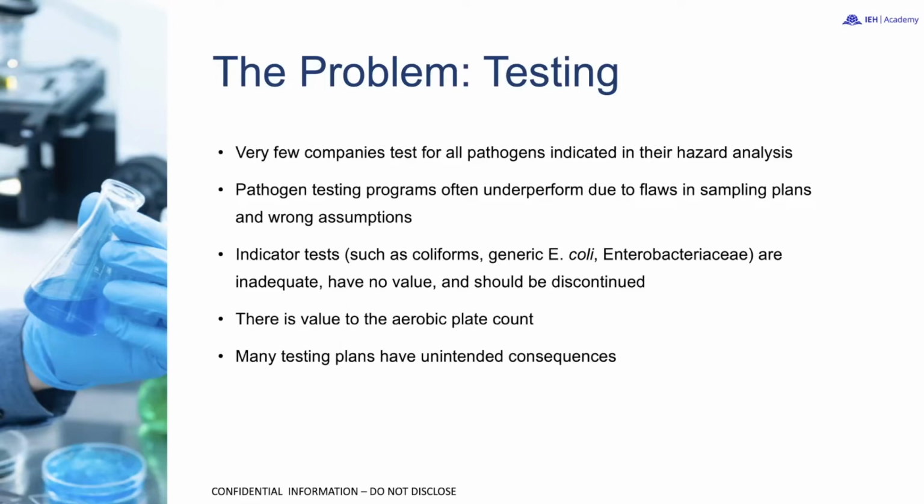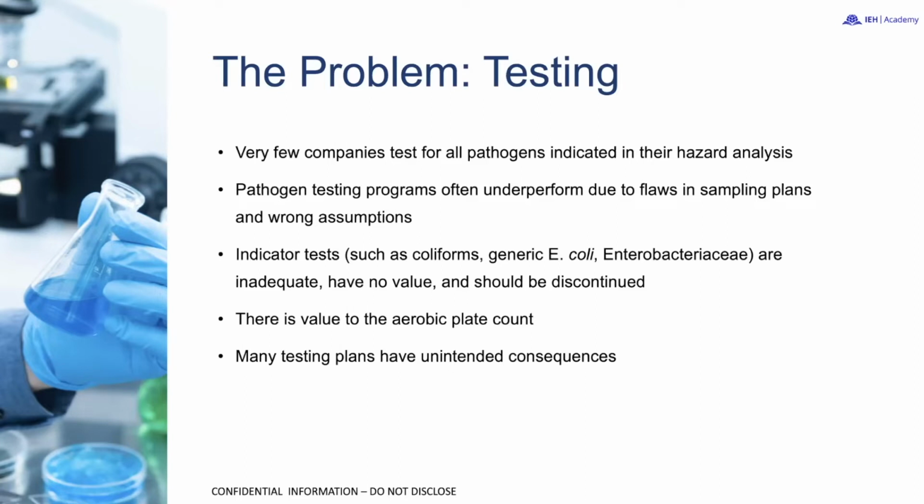Now, that's not to say that you can't use some testing for microorganisms to indicate when you may have sanitation problems. And certainly you could do something like Enterobacteriaceae or aerobic plate count testing of equipment surfaces to demonstrate effective sanitation.